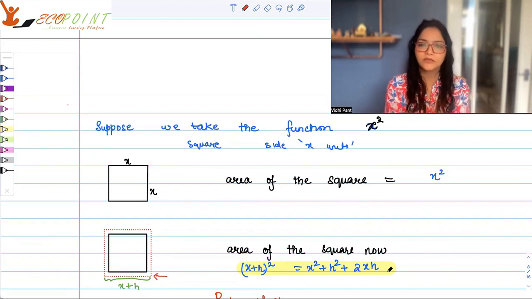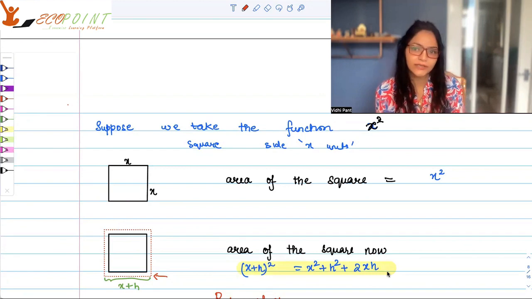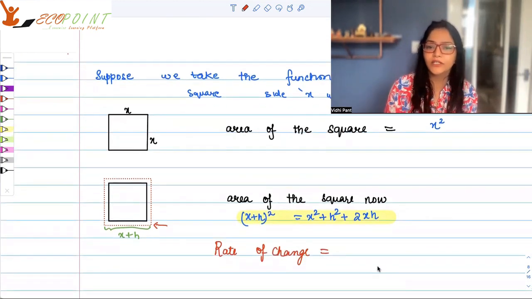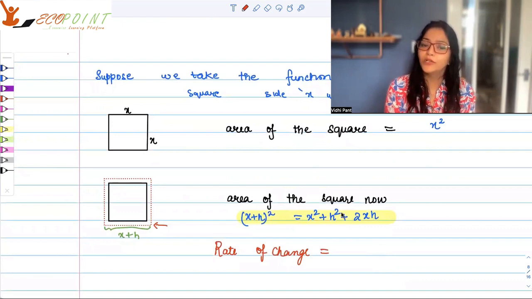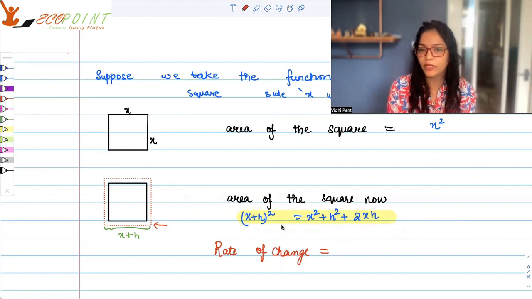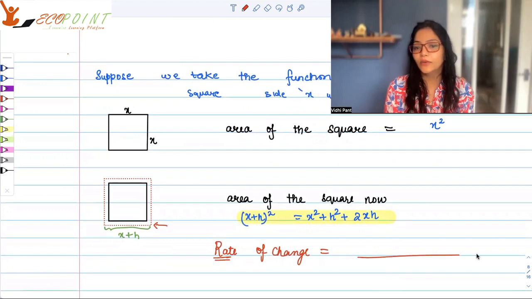Now, if I'm interested in rate of change, what am I actually interested in? I'm interested in what is the change that occurs in the new area vis-a-vis the change that I have made in x. So if you want to know just the change in y, then you will just subtract the value, new area minus old area. But if you want to know the rate of change, then it's going to be the change that has happened to the area, and the change that occurred to the area is x plus h whole square minus x square.